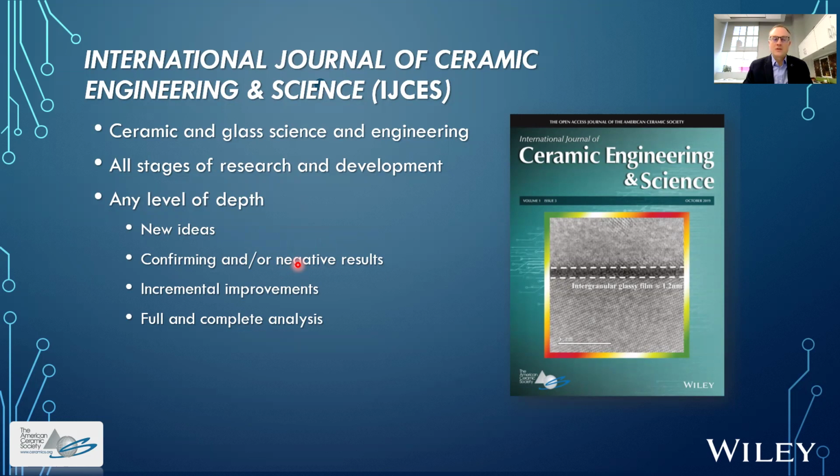Like if you do an experiment and it doesn't work, oftentimes people don't want to publish that, but that's actually really useful knowledge too. So if you've tried something and it didn't work for whatever reason, that is something that is also worthwhile to have in the literature, and IJCES is an appropriate journal for that.